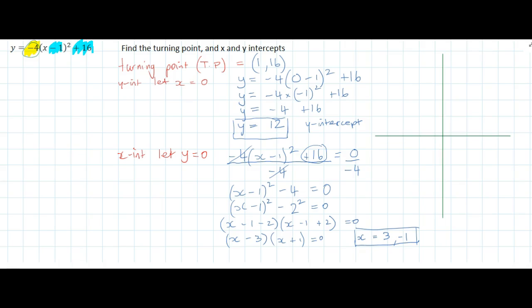First of all, we've got our y-intercept, which is at 12, so that's up here somewhere. I've got -1 and +3. What else do we know? The turning point, which was at (1, 16), so that's up here somewhere. It should look like this parabola. So that's how you draw this. That'll do for this video. I'm going to come back and do a couple more where you actually have to complete the square.